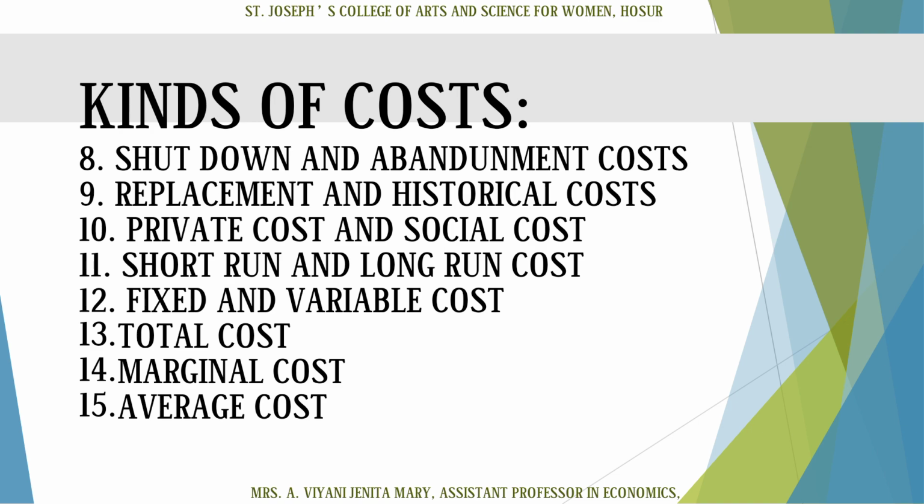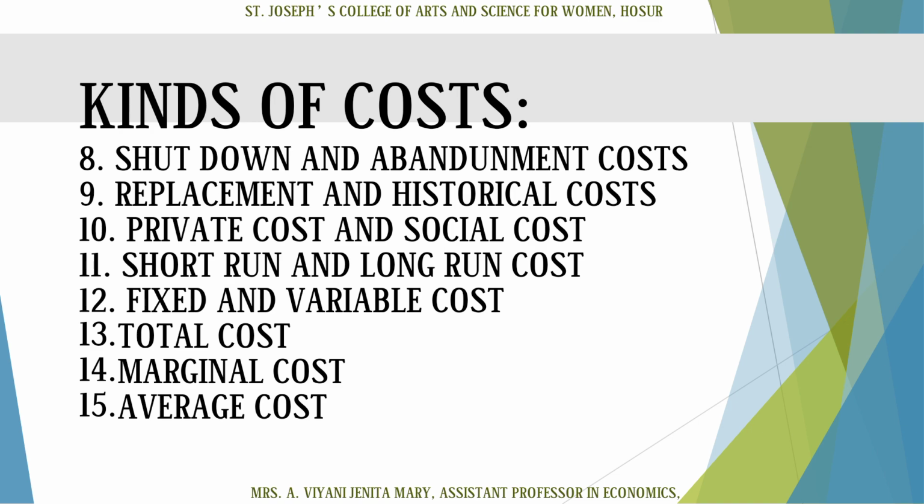The next one is total cost. Total cost is the total economic cost of production. That is the overall cost of production. It consists of variable cost plus fixed cost. So the formula for TC, total cost, is equal to TVC plus TFC.